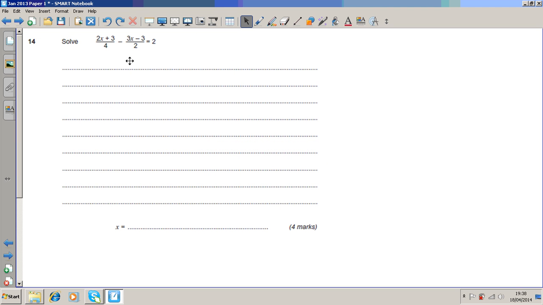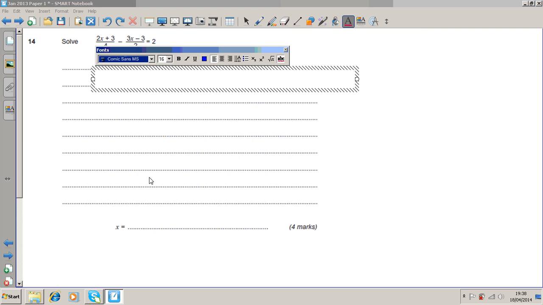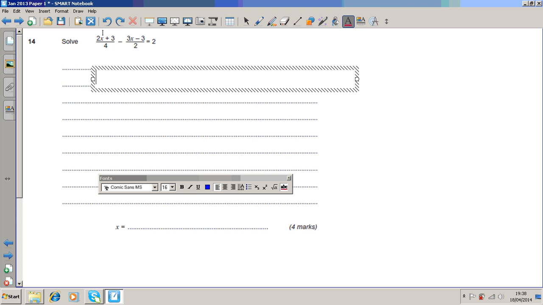Number 14. (2x + 3)/4 minus (3x - 3)/2 is equal to 2. Okay, so whenever we've got fractions in algebra, we want to times everything by your denominators. So I'm going to start by timesing everything by 4, and then I'm going to times everything by 2 afterwards. Okay, so if I times this term by 4, then I just get left with 2x + 3.